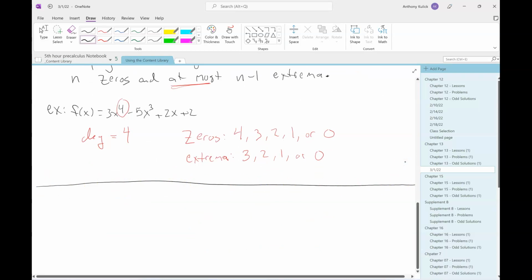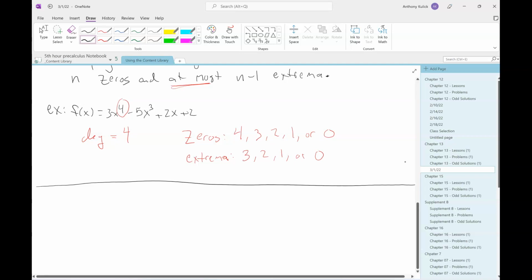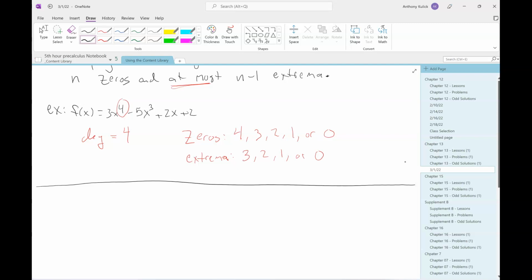So we'll revisit that theorem a little bit later when we start actually getting into solving things, because it's an important tool for us. But for now, we're just going to let that sit. The last thing that we want to do today is talk about end behaviors.